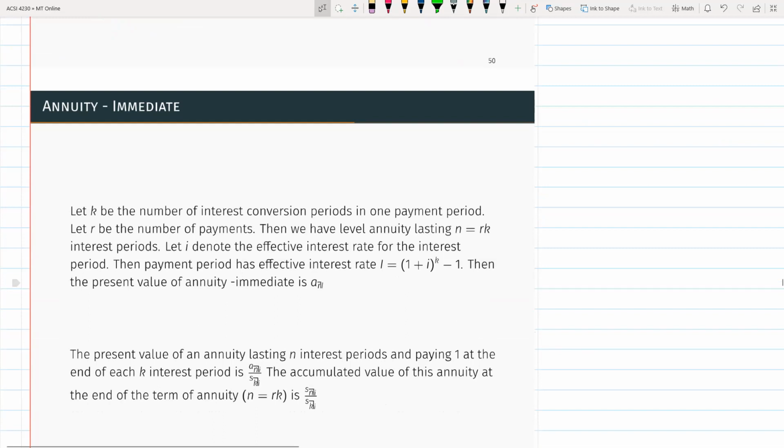Okay, so let's derive some formulas. First, let K be the number of interest conversion periods in one payment period. So how many times are you dividing one payment period?